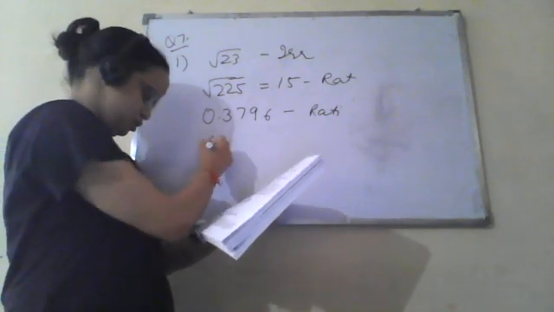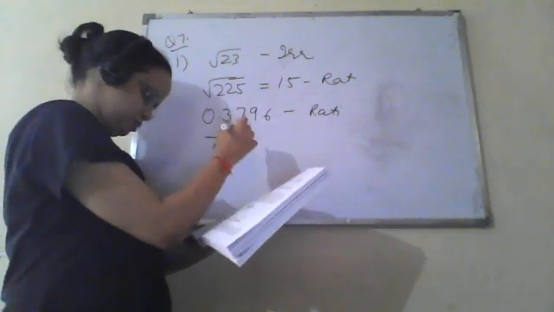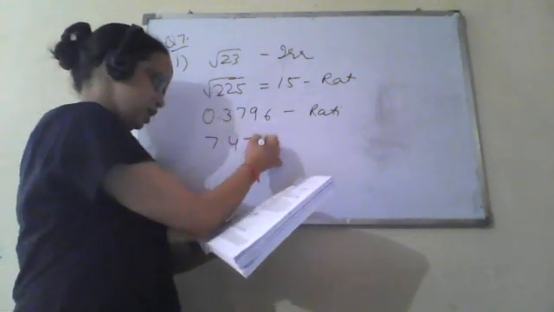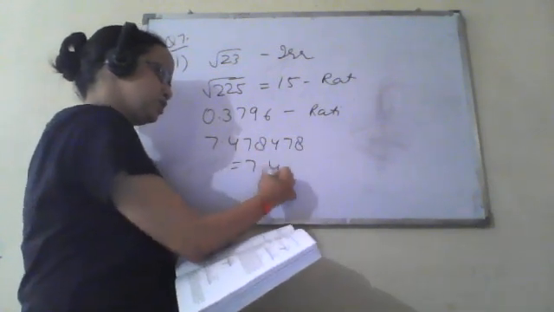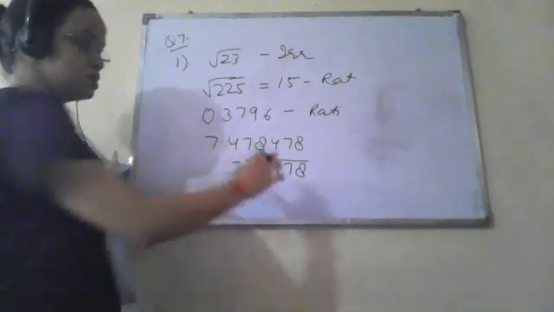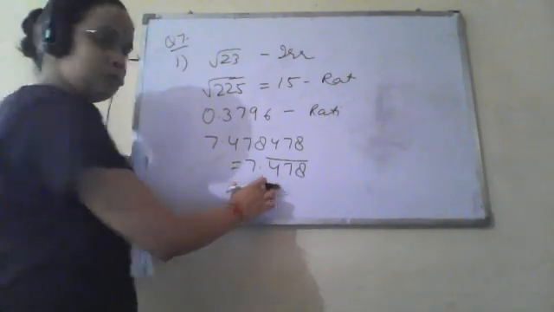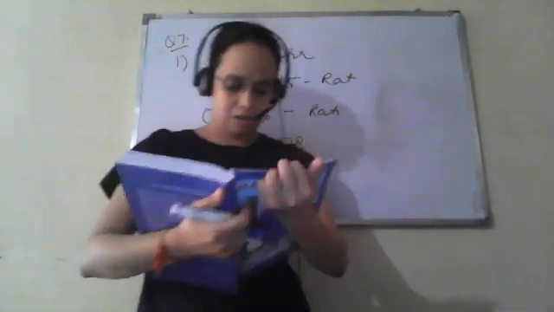Next is 0.7478 bar, that means this three-digit block 478 is repeating. Again, it will be a rational number because this is a non-terminating repeating decimal expression, which comes under rational numbers.